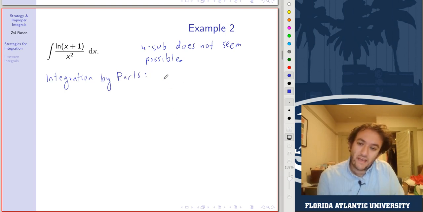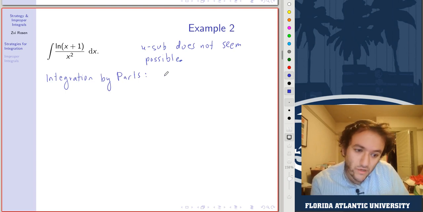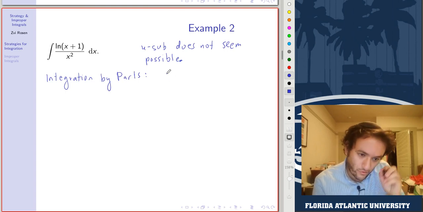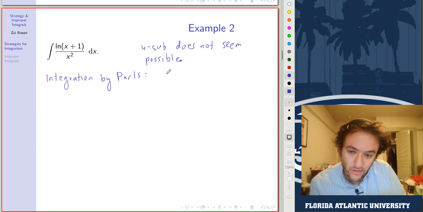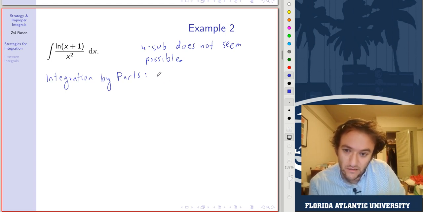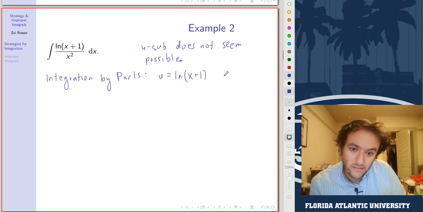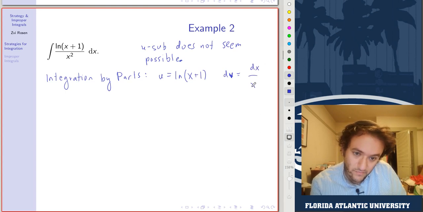Okay, so we always want u to be the earlier one in LIATE, right? So log is the first letter in LIATE. So we take u equals ln of x plus 1, and dv equals dx over x squared.